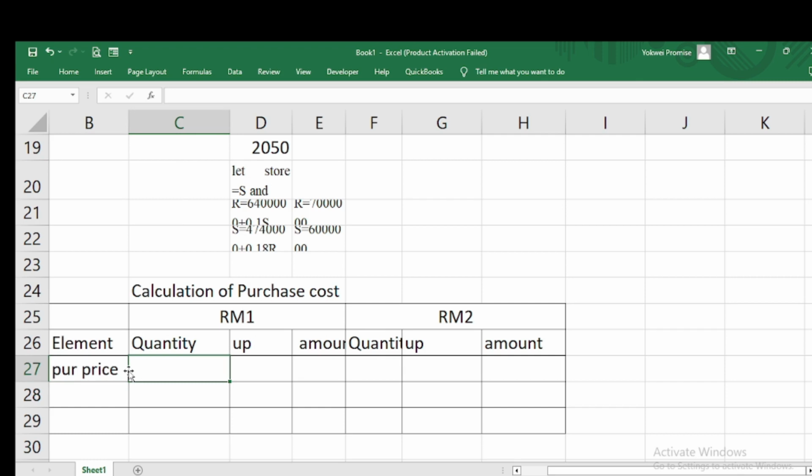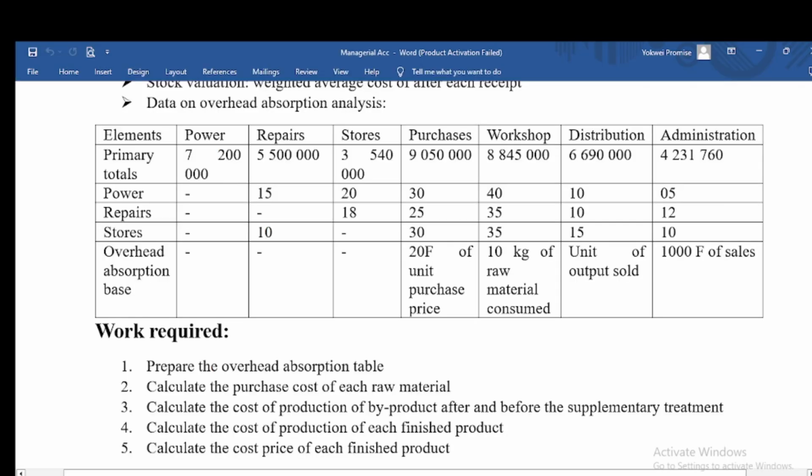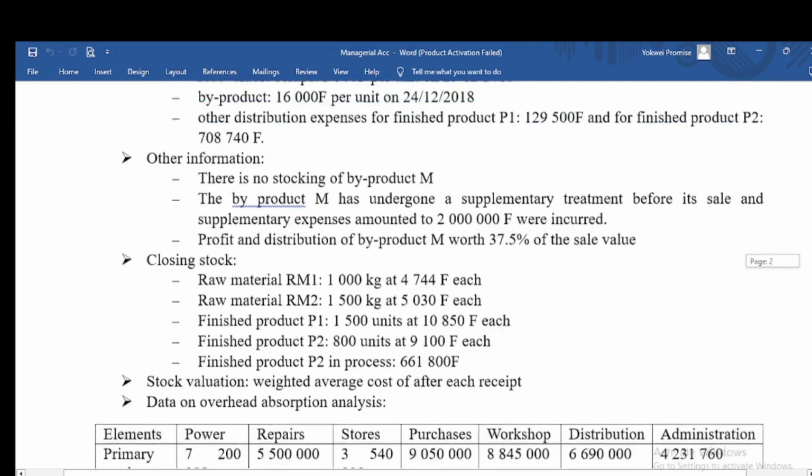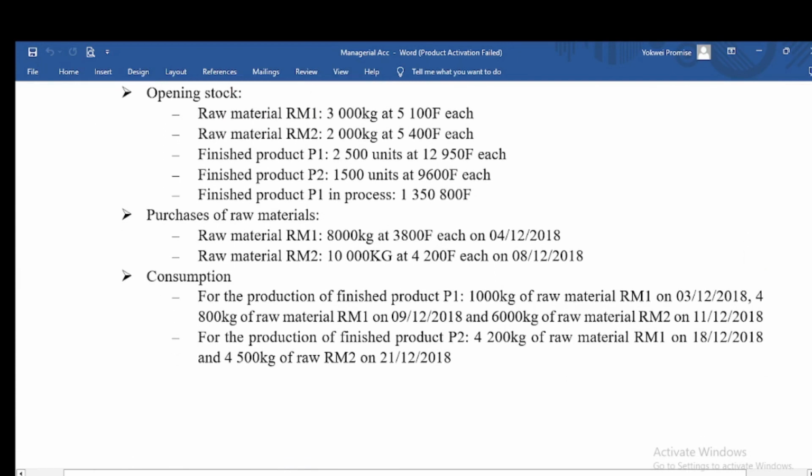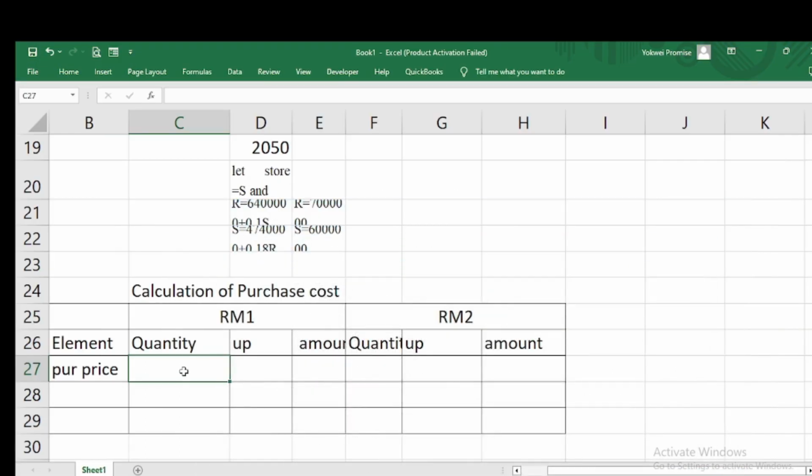Alright, so the quantity for raw material 1 on purchases: we have 8,000 kilograms at 3,800 francs. So the amount here will simply be the quantity times the unit price.